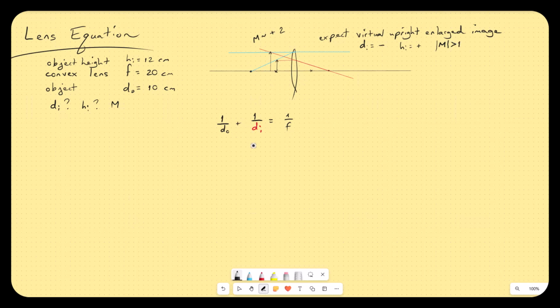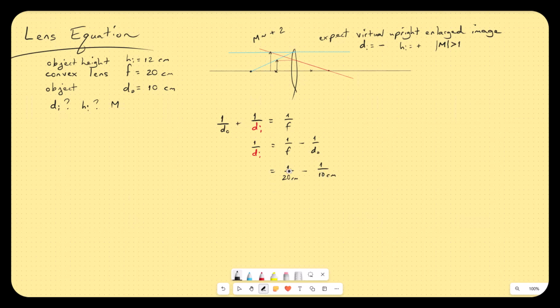So I'm solving for DI. 1 over DI equals 1 over F minus 1 over DO. 1 over F, that looks like 1 over 20 centimeters minus 1 over DO, which is 10 centimeters.